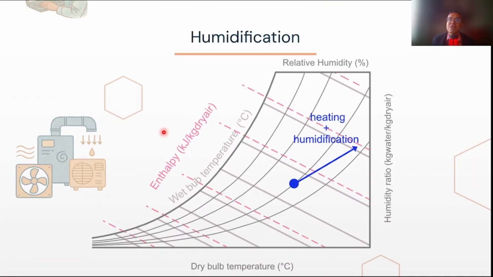Humidification increases the moisture content of air. It can be done by injecting steam, which raises the temperature and humidity, or spraying water, which adds moisture with minimal temperature change. Both processes move the air up and to the right on the psychrometric chart. In HVAC systems, humidification is typically used in climates or seasons when indoor air becomes too dry, especially during winter.